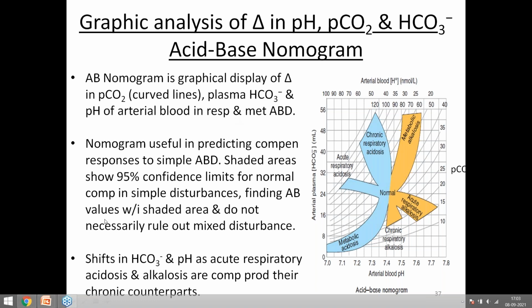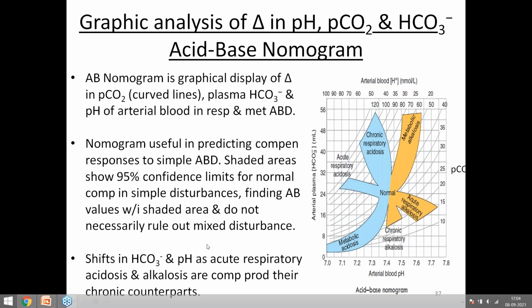A nomogram is useful in predicting compensatory responses to simple acid-base disorders, and these shaded areas show 95% confidence limits for normal compensation in simple disturbances. That doesn't mean we are ruling out mixed disorders, but this nomogram helps us understand what kind of compensation is happening for the simple disorders.